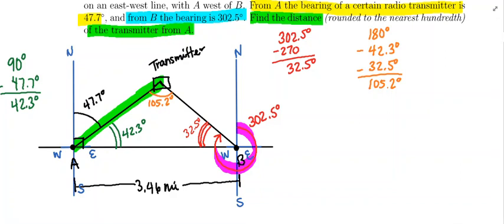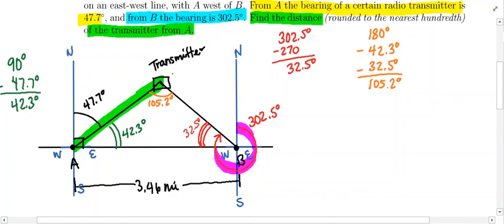We already have A and B as our points, so the third vertex of the triangle, where the transmitter is, I'm going to call point C. Going across from angle C is side C. Going across from angle A, this green angle, is side length A. And angle B is this red angle.